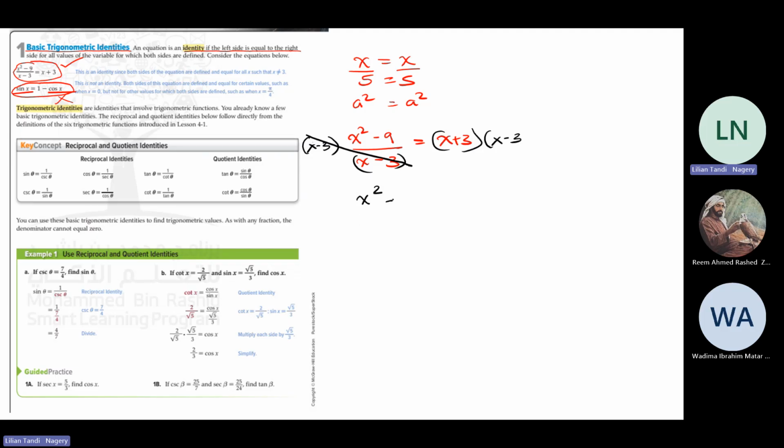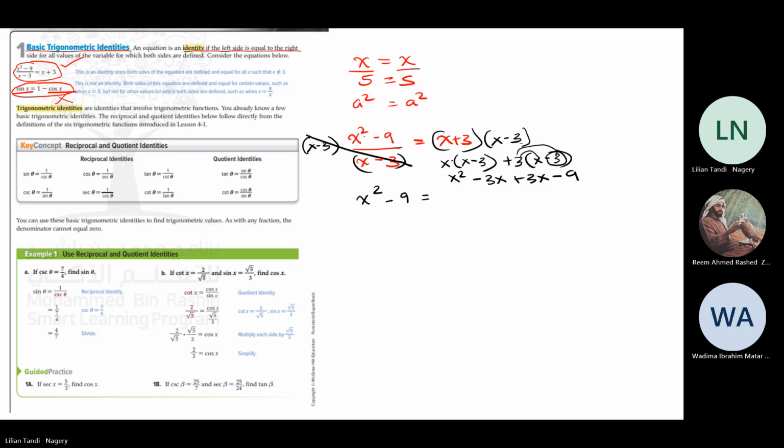Okay, x squared minus 9. And then if I use, but I should know that this should give me this. You should know that. But if you forget, you do distributive property or you do FOIL, whichever way. If you do distributive property, this becomes x times x minus 3, and this becomes plus 3 times x minus 3. And then this becomes x squared minus 3x plus 3x minus 9, because you're going to do distributive property.